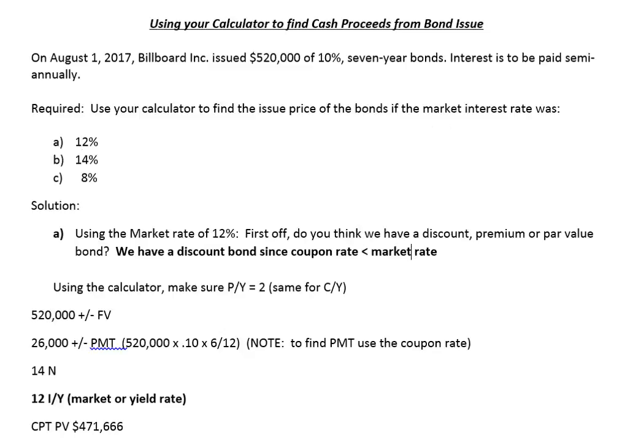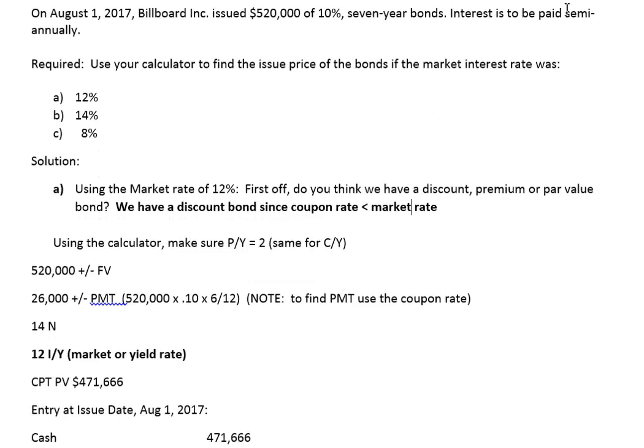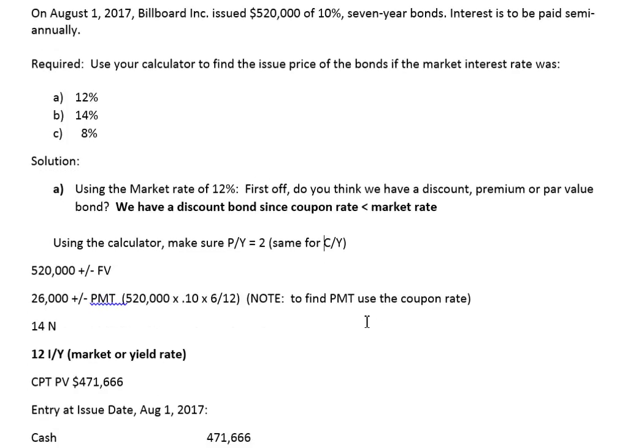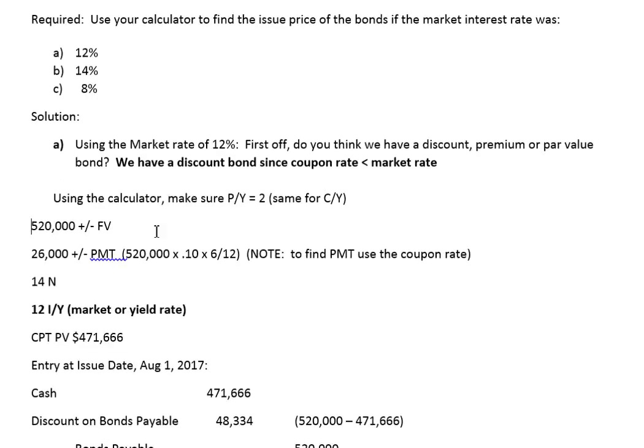In this case, because the payments are being made to the investor semi-annually by Billboard, we have to make sure that our payments per year, P/Y, is equal to 2. And that should be the same for your compounding per year, or C/Y. Now to find the cash proceeds, don't forget we're doing it from Billboard's perspective.